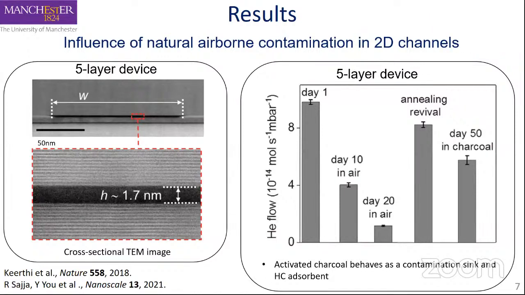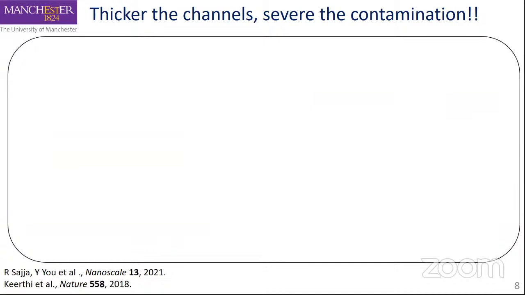We see that the gas flow rate decreases by about 30%. This majorly shows us that the contamination in these channels came from the hydrocarbon contaminations that were present in the air.